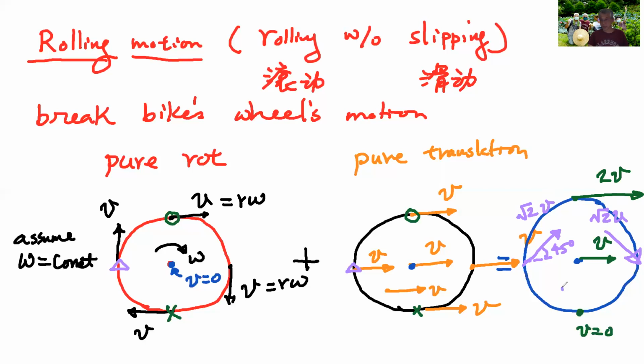And so this one here is a bike's wheel with no slipping. When there's no slipping and it's rolling, it's also translating, but at this point here there's the contact point with the ground.